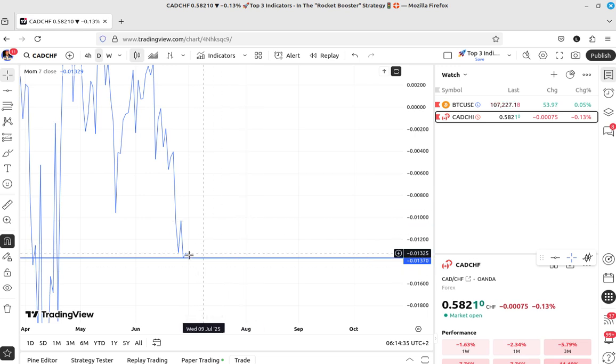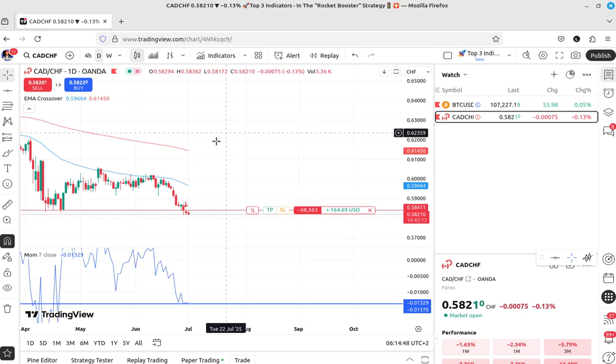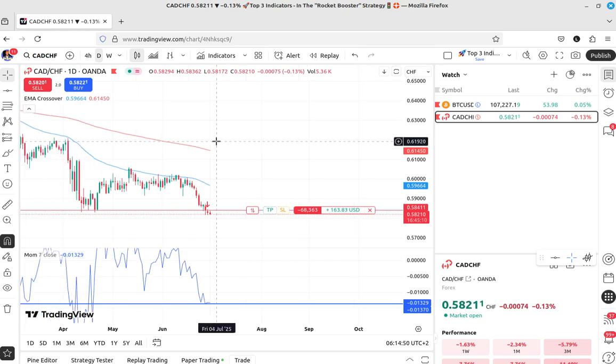So I believe the entry is still there, because this rise in momentum was the actual entry. Until it passes this line here, I believe we still have time for another buy signal.